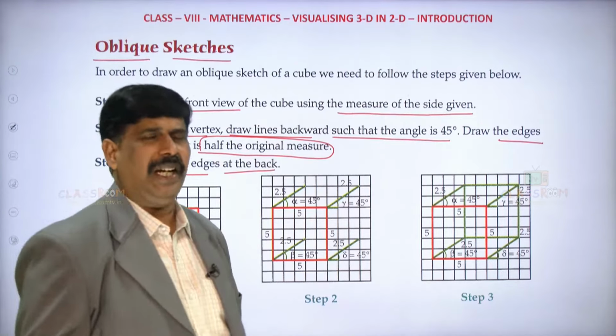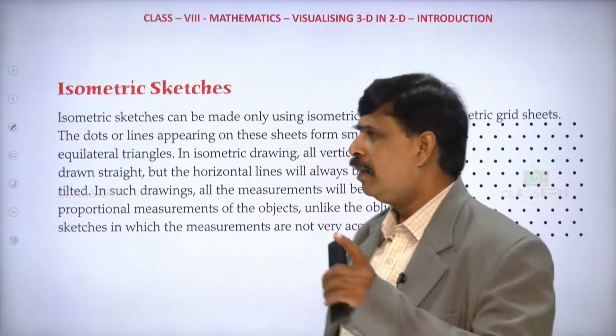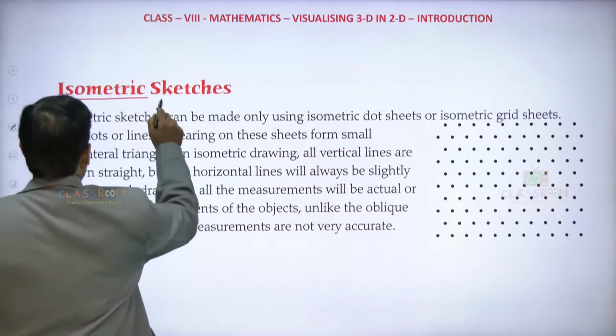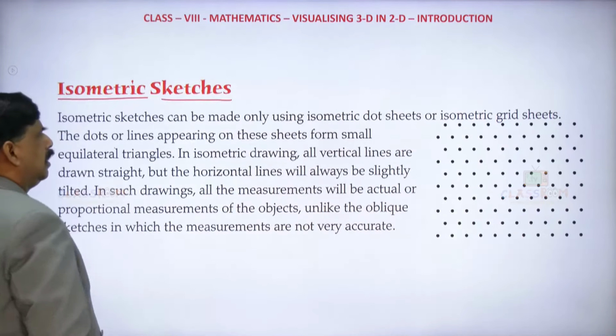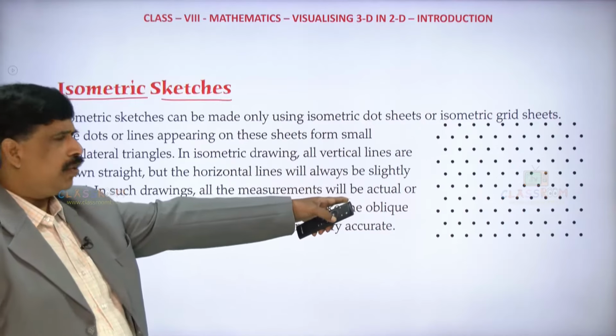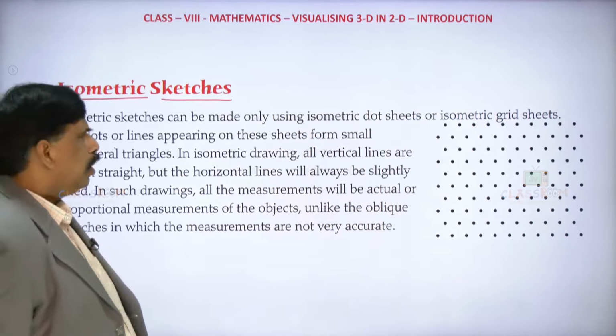Then what is the second one? It is a very, very important one: isometric sketches. What are these isometric sketches? We are seeing a dot sheet here. The dots you are seeing form an isometric dot sheet.